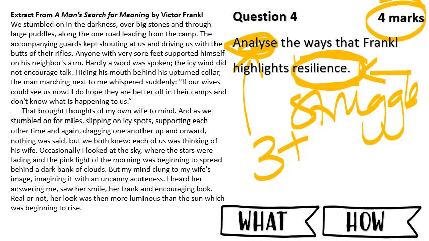Even though he's facing extreme hardship, we get a sense of friendship. We get a sense of his appreciation for natural beauty and his memory of his wife and his love for her. So even though there are struggles, we are seeing positives in this extract as well.